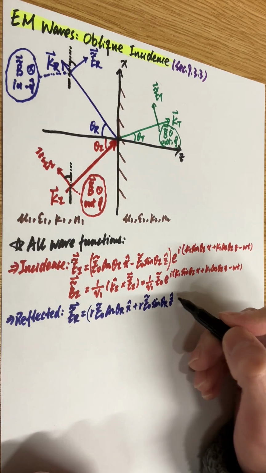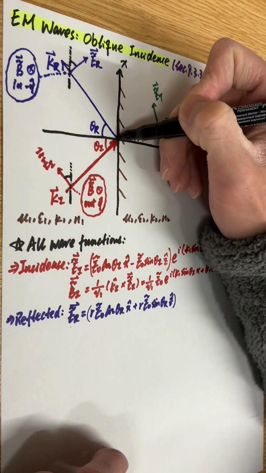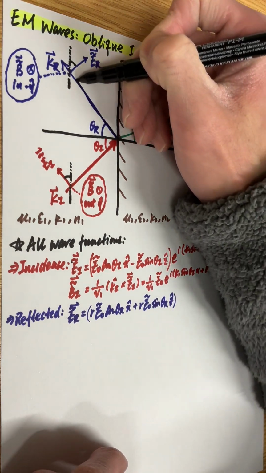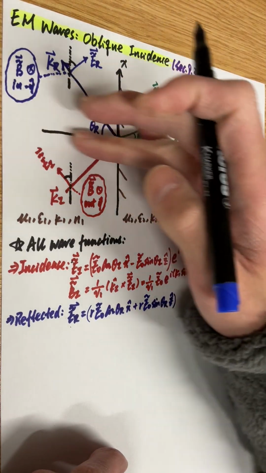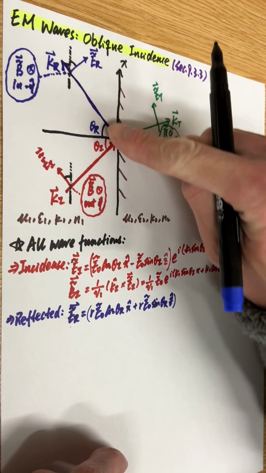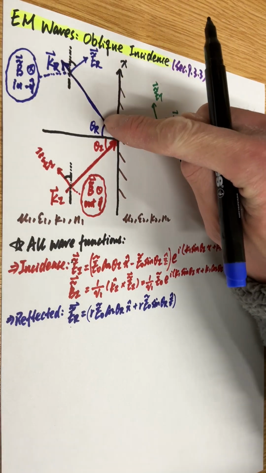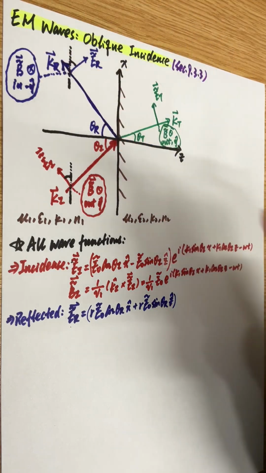That's the polarization. And then the propagation direction, we observe this vector kappa r. So we have the horizontal component, which is kappa 1 cosine theta r, and then the vertical component is kappa 1 sin theta r.